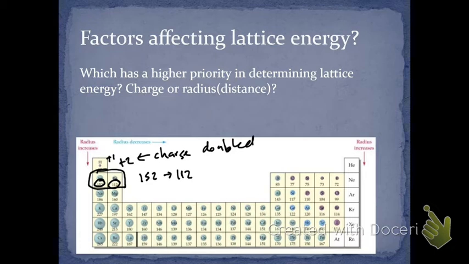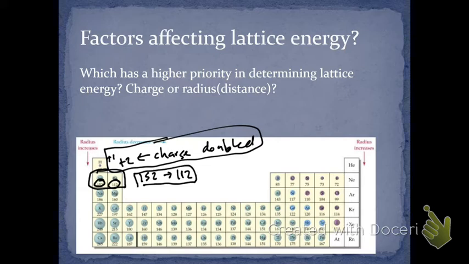So what I want you to see is that the charge actually doubles or triples more easily or more rapidly than the actual radius. And so if you don't quite understand that, just remember charge first and then radius or distance second. I mean, it's kind of nice because it's in alphabetical order, right? So charge first, radius or distance second.